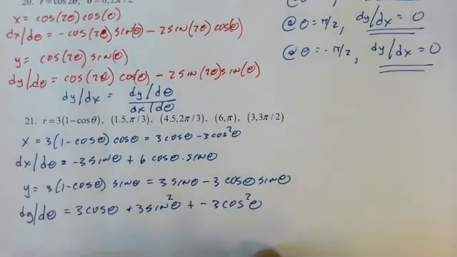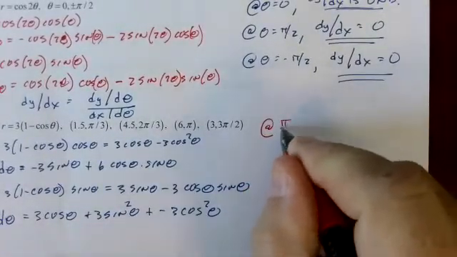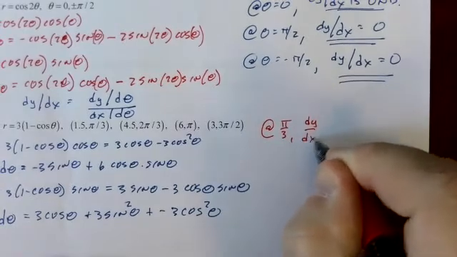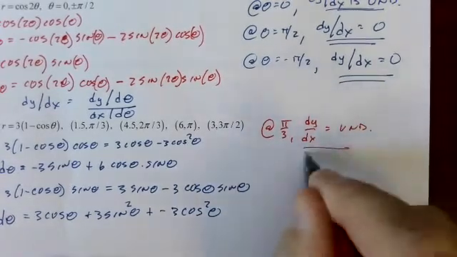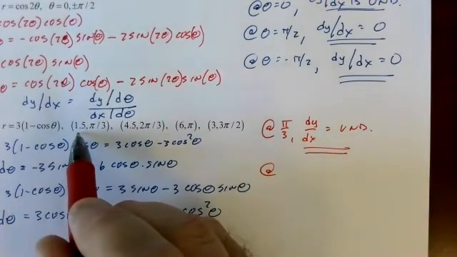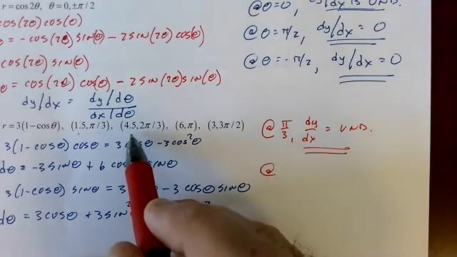Just like before, I'm actually going to shortcut this a bit. At pi over 3, dy dx is undefined. At, this is fascinating, they're giving r values. I don't really need to give theta.